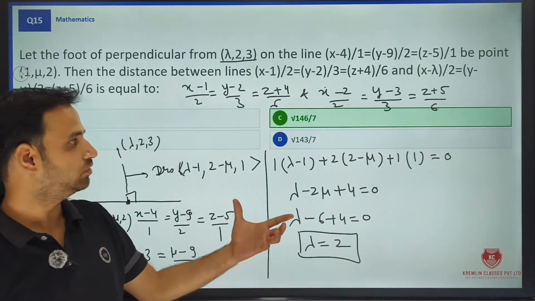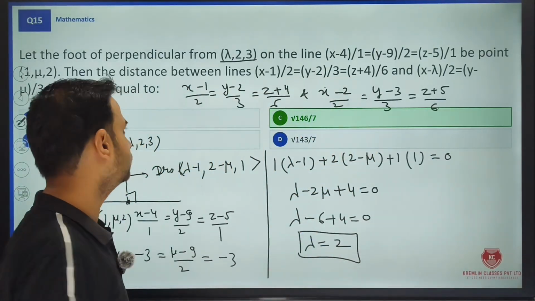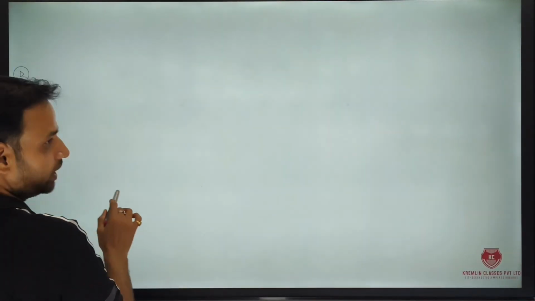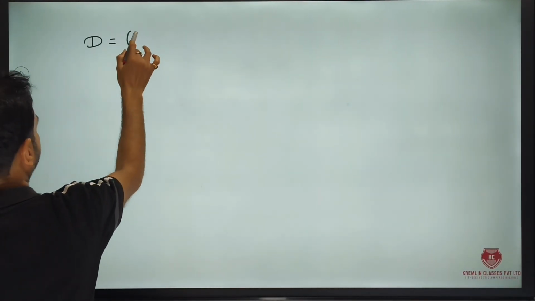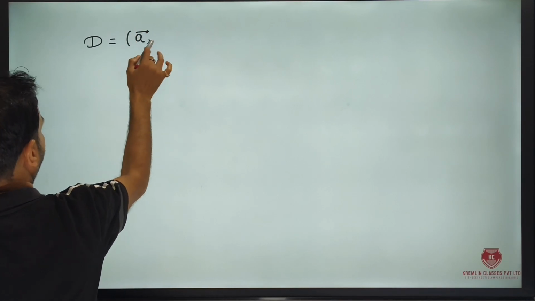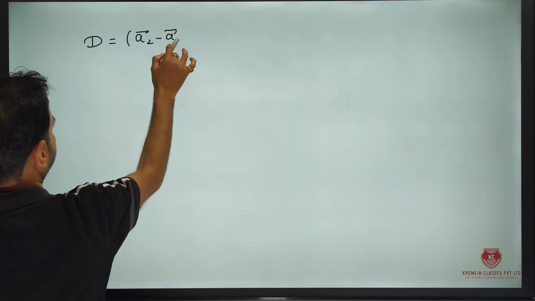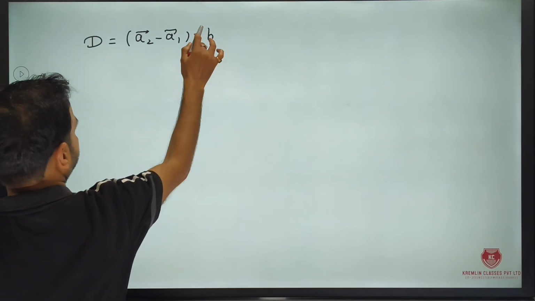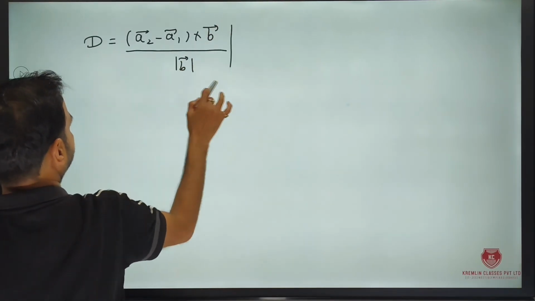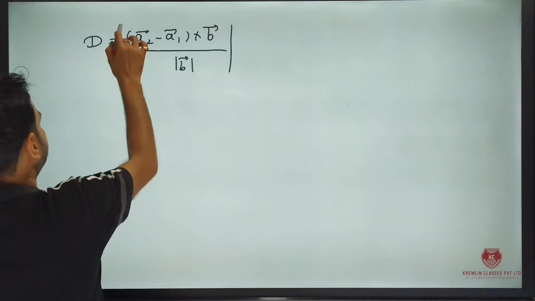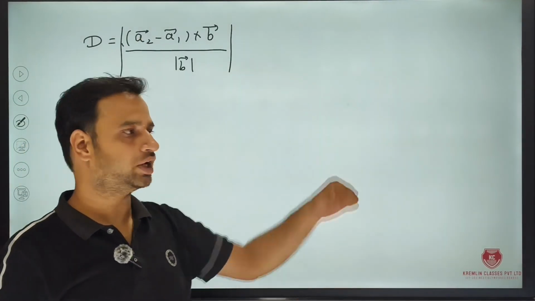So what is the distance formula between the two parallel lines? If two lines are parallel, then the distance is given by mod of a2 vector minus a1 vector cross b vector, upon mod of b vector. This is the formula for the distance between the two parallel lines.